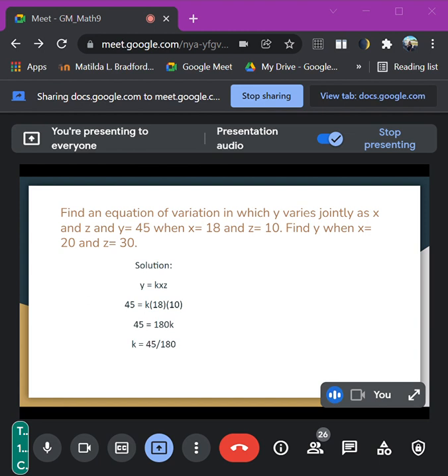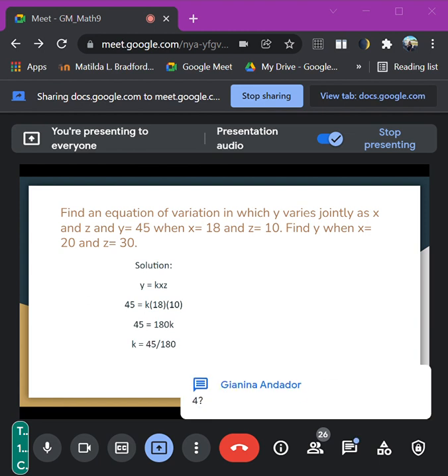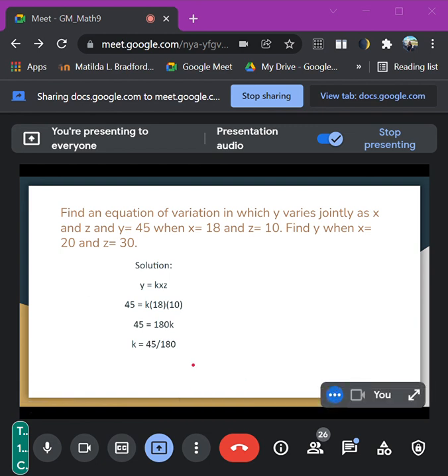That is maybe 1/4, right? Because 45, you divide by 45: 180 divided by 45 is 4.